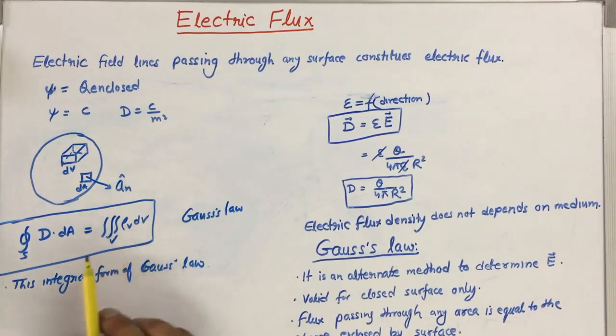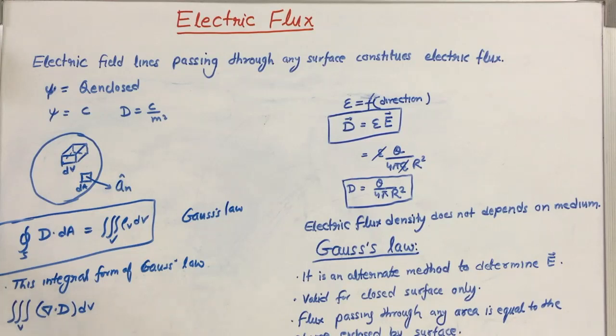Due to the use of integration, it is named integral form of Gauss law. Now, if we apply the divergence theorem that we have studied in the beginning of the chapter, then we can say from here it can be transformed into volumetric form.